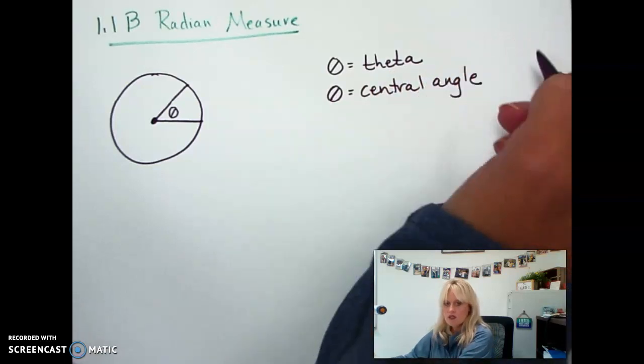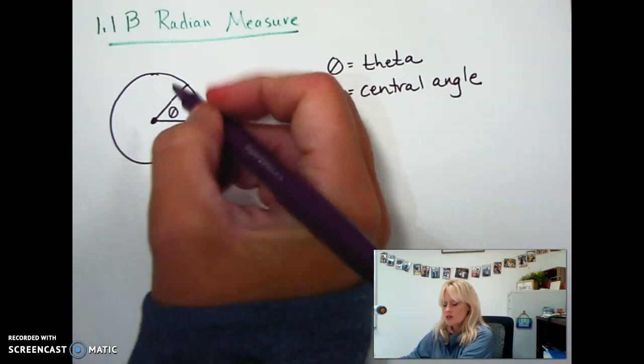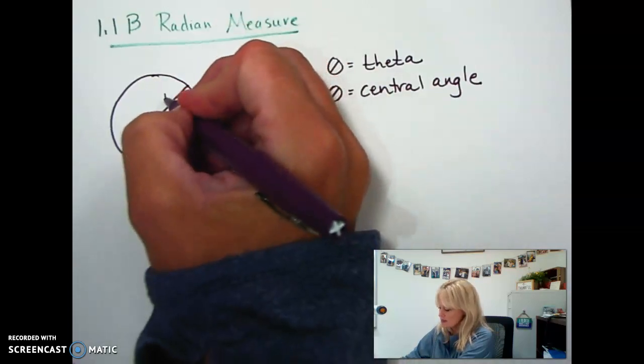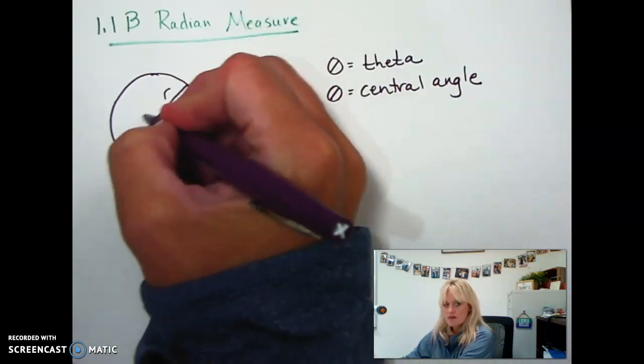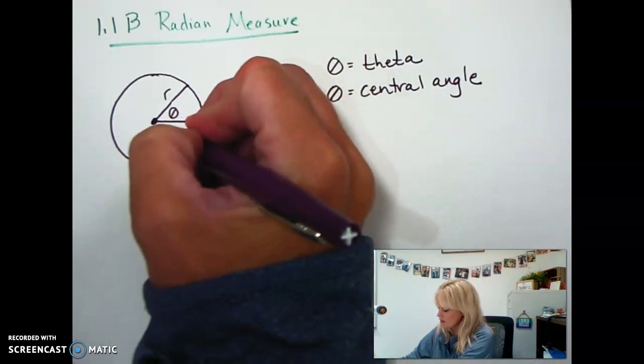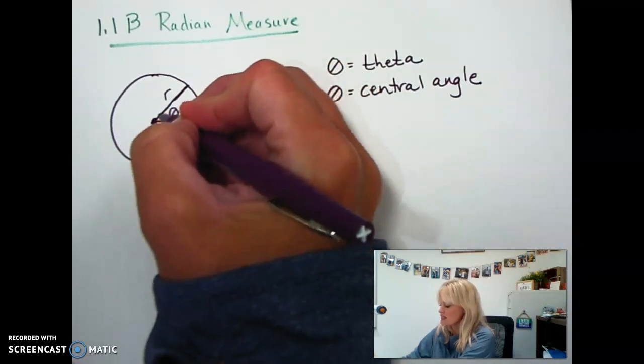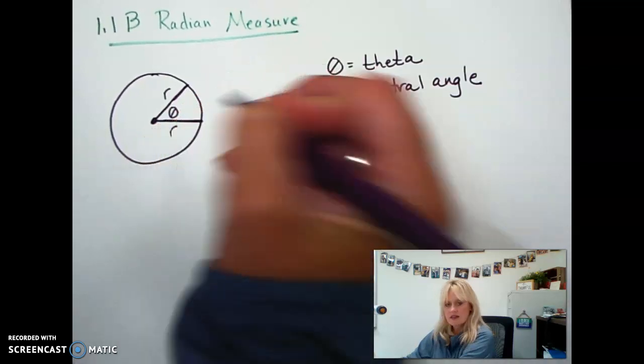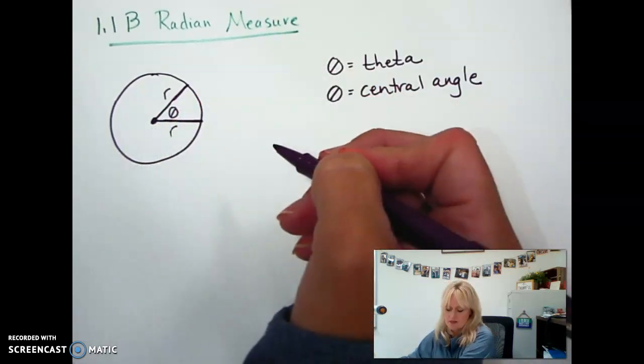Now, what do you know about a circle? We know that the radius is the same all the way around the circle. So both of these lengths that create theta are exactly the same.